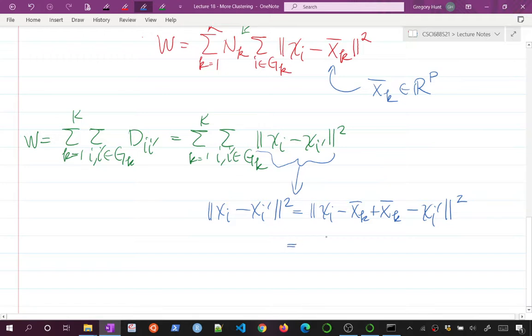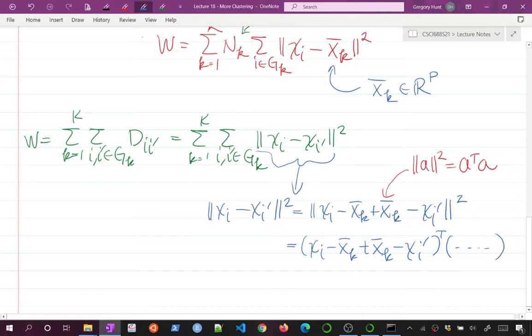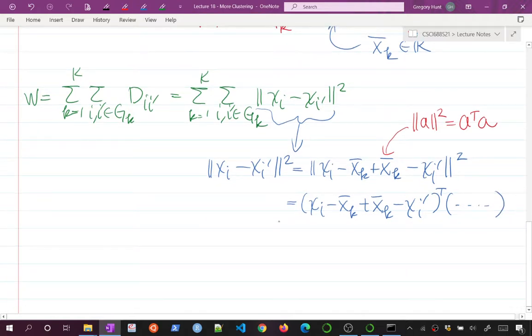And then, of course, the norm of a vector A squared is just A transpose A. So I could certainly write this out as xi minus x bar plus x bar minus xi prime, transpose that whole thing again.